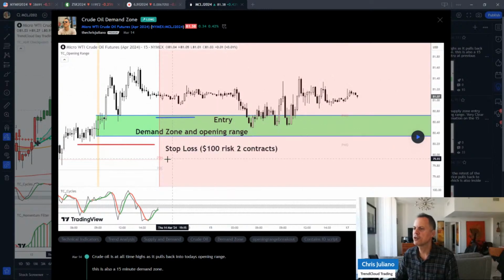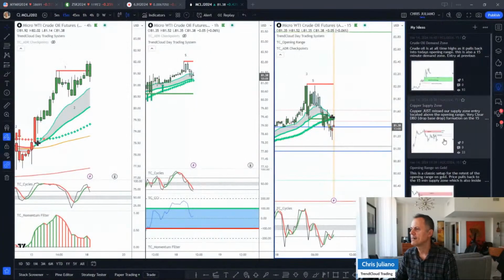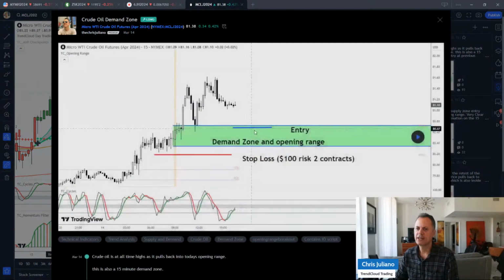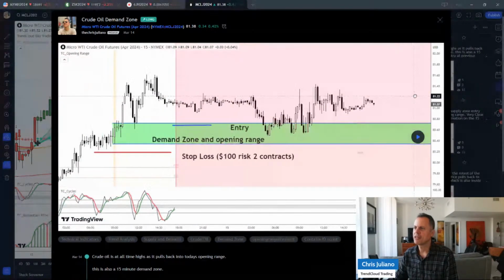I mean, that's pretty cool. I like how TradingView logs everything for you. Again, take a look at that. Here's what we predicted, right? Demand zone, opening range. Here's your entry, stop loss, 2 contracts, right? And then you just hit forward and you can see it actually take place.